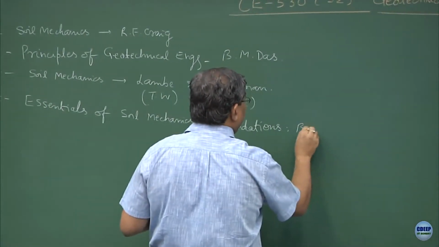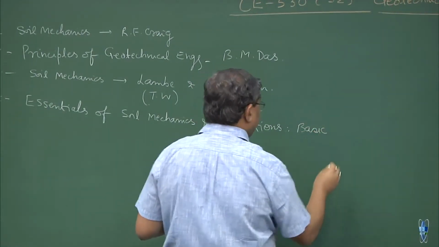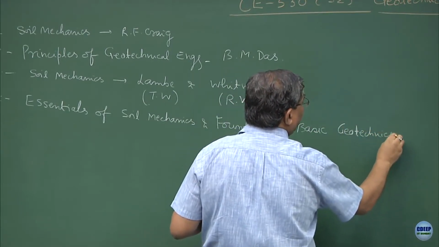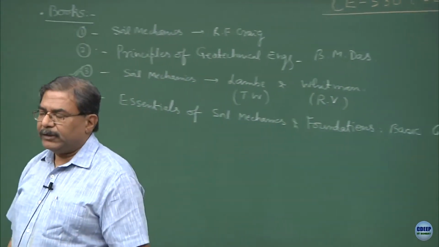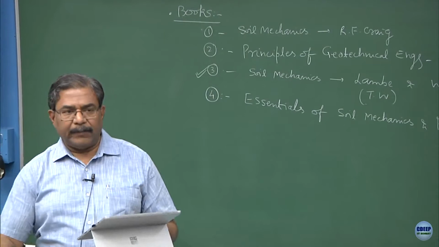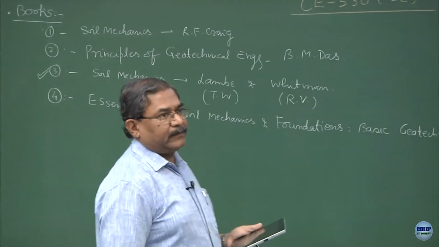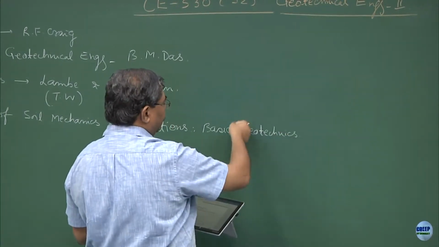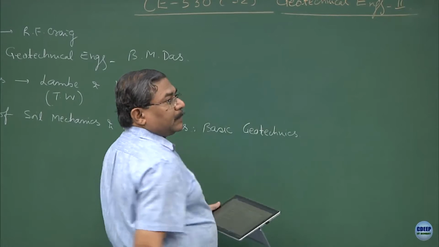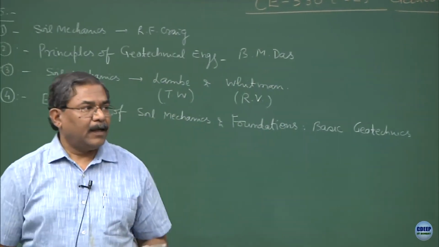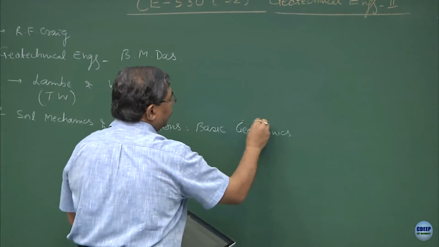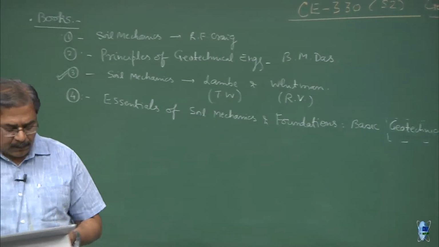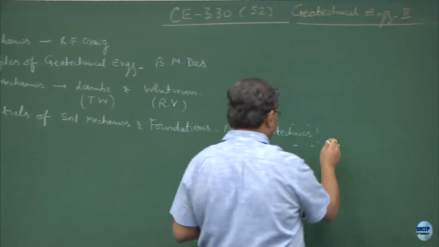The Basic Geotechnics, the word or the term which is normally used for geotechnical engineering in contemporary era is geotechnics, alright. That means the techniques related to a material which is of geological origin. Geo is earth and techniques. So, this includes everything, alright. So, this is by McCartney.